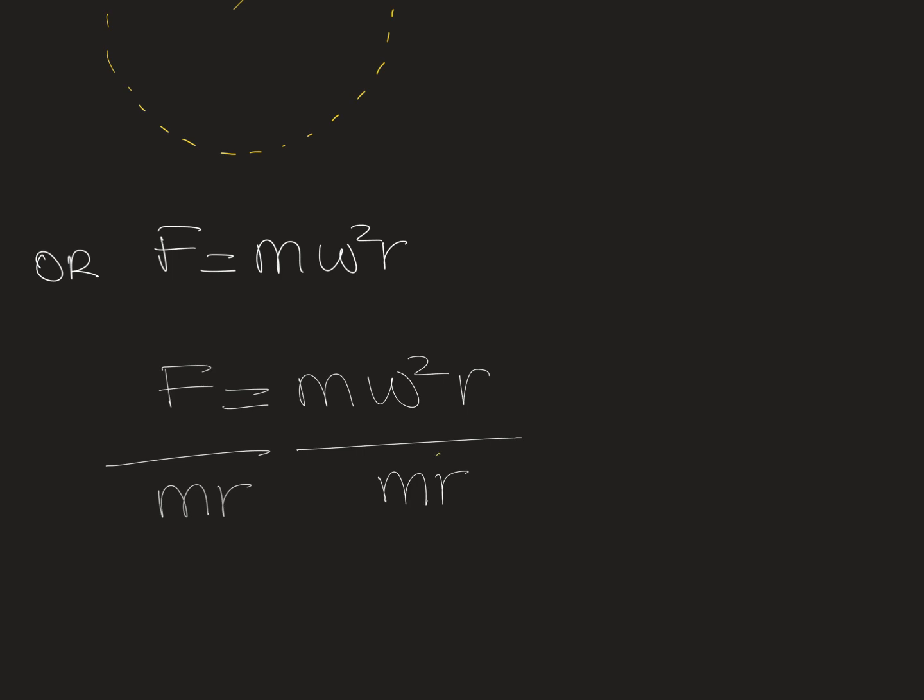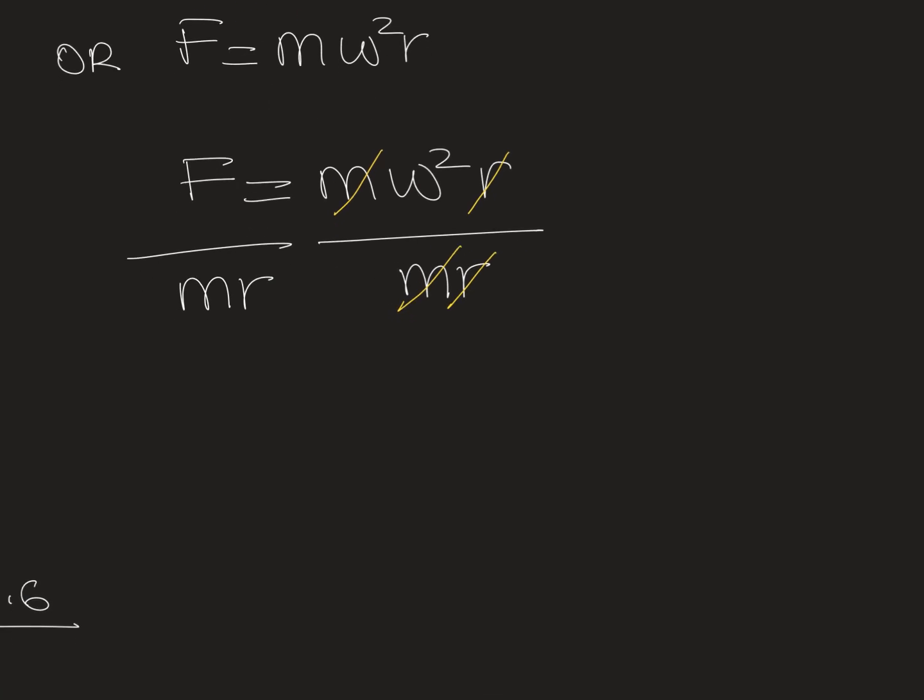That is m cancels m, r cancels r. So we're going to have F all over mr is equal to omega square.